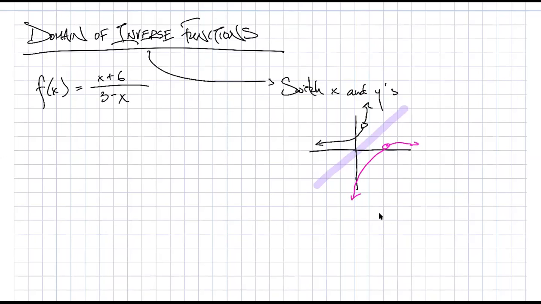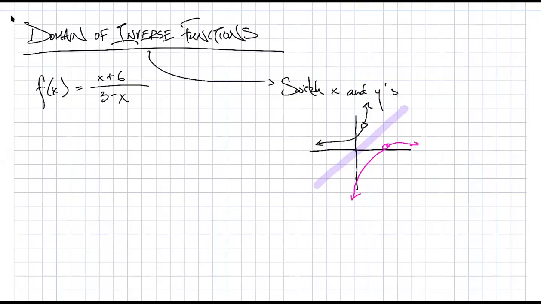Conceptually, if there's no point there to begin with, when I switch my x's and y's, it doesn't matter for the inverse function because that point still will not be there. And so for this reason, when we think about the domain of the inverse function, we need to think about what is the domain of the original function, because that carries over, okay?